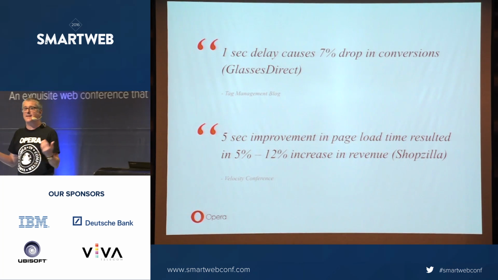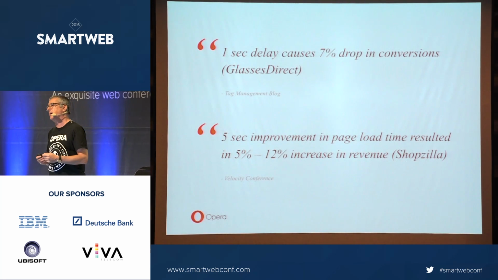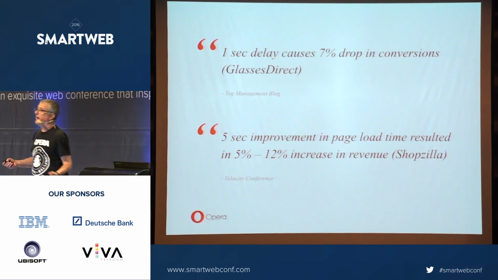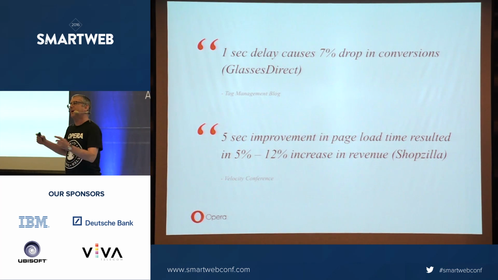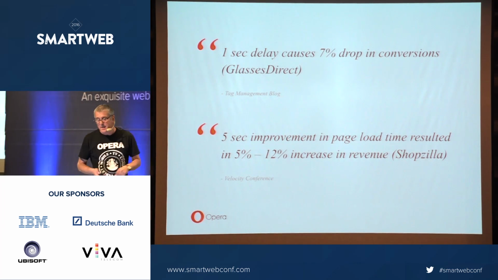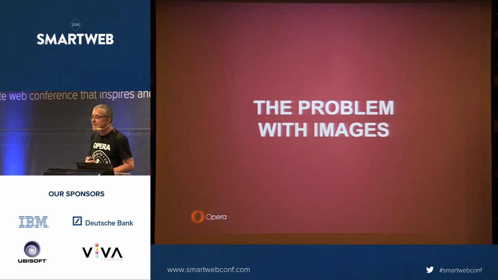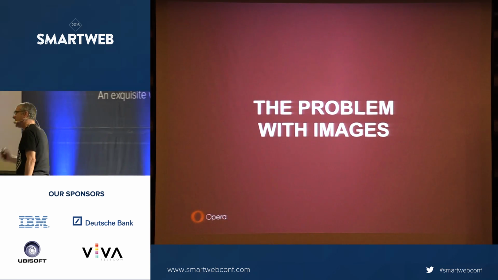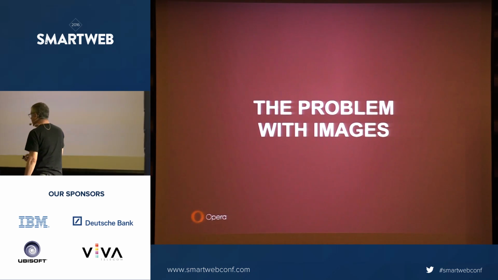Now, I'm not some mad capitalist, but I like earning money, and I like paying my mortgage. Actually, that's a lie. I hate paying my mortgage, but I like not sleeping in the street. So we need to make things fast, and one of the things that slows down the web is images.